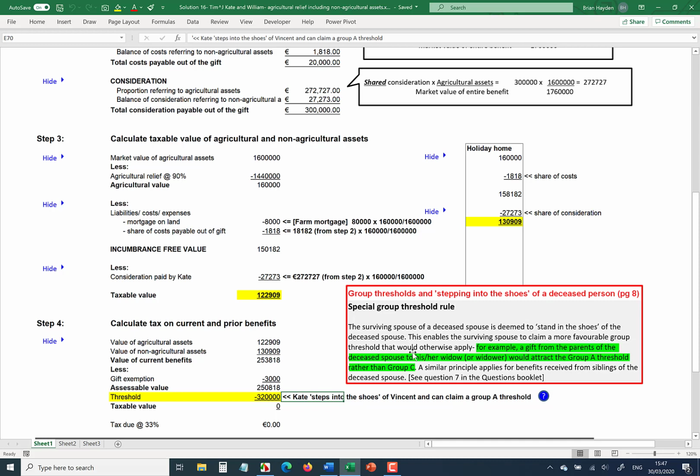So a gift from the parents of the deceased spouse to his or her widow would attract the Group A threshold, because by pretending to be Vincent, she pretends to be the son of Tim. If it weren't the case that she was a widow, it would be a Group C benefit. And if she got a benefit from, say, a brother or sister of Tim, she would pretend to be their brother or sister. So this improves the group threshold that is available to Kate.